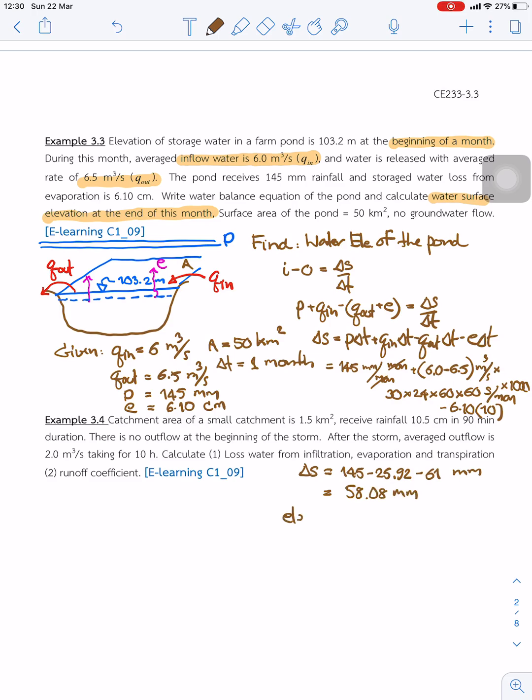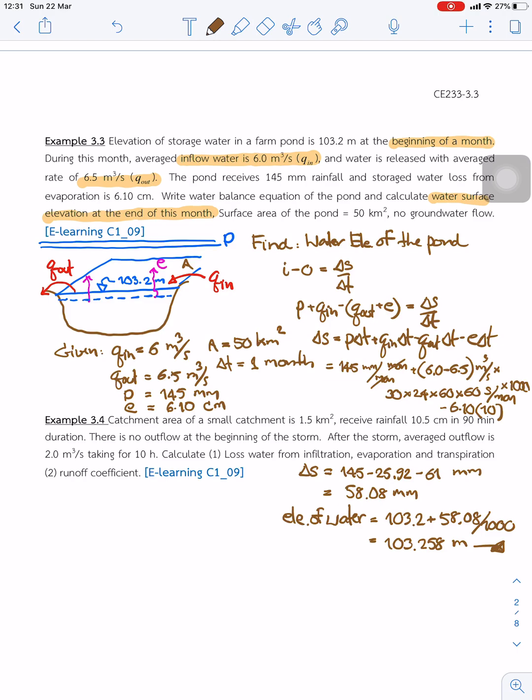So we can say that the elevation of the water surface is equal to 103. Convert to meter, so we got the increase of the water depth, 103.258 meter.